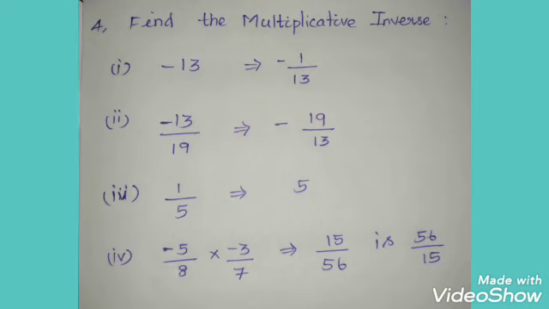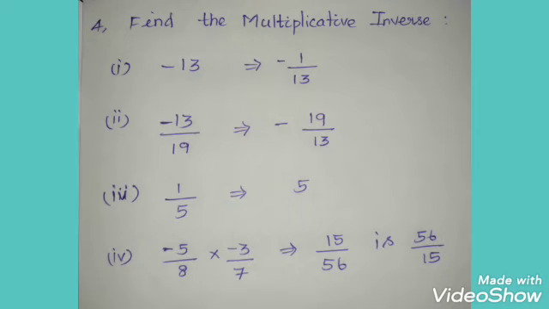So here minus 13, so minus a will give you minus 1 by a, so minus 1 by 13. Here minus 13 by 19. Reciprocal means the numerator becomes denominator and the denominator will become numerator. So minus 19 by 13. The multiplicative inverse of 1 by 5 is equal to 5 by 1.